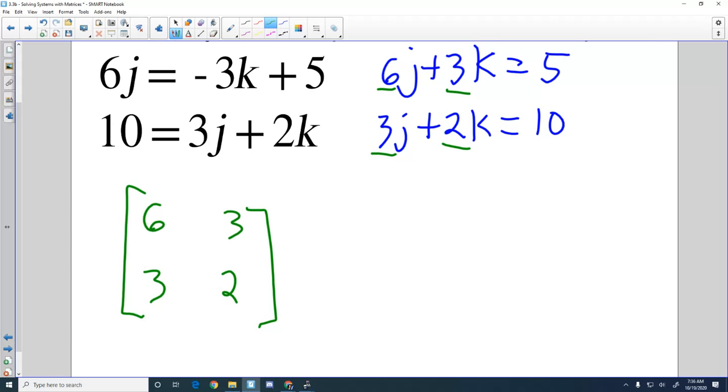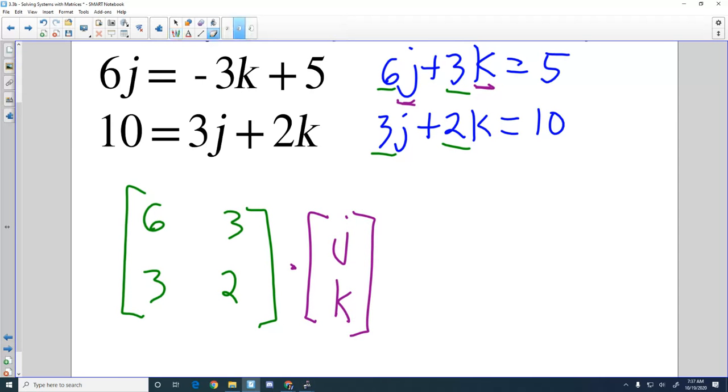It's going to be multiplied by the variable matrix. So the variable matrix, that's just going to be whatever your variables are in that same order from left to right. That'll be the same order from top to bottom. So times j, k, and then it's going to equal the constant matrix.